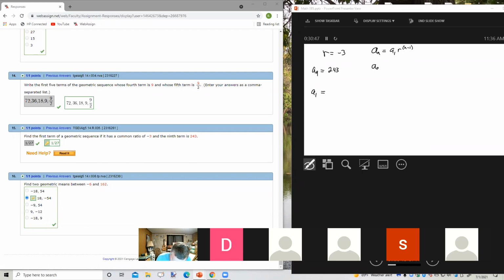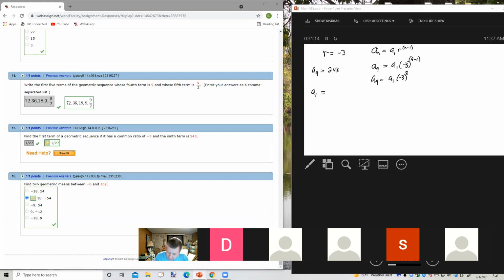A sub 9 equals a sub 1 times r to the n minus 1 power. In other words, a sub 9 equals a sub 1 times -3 raised to the 8th power. Okay? You see what I did there?